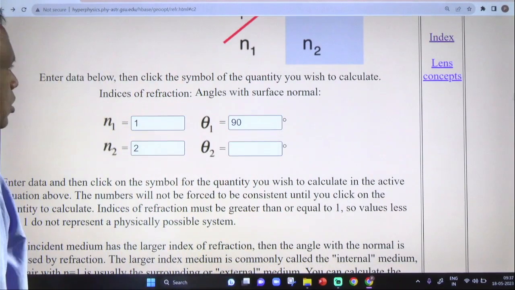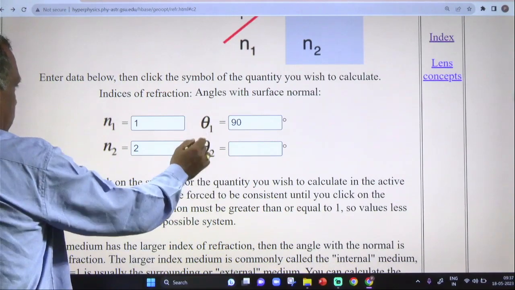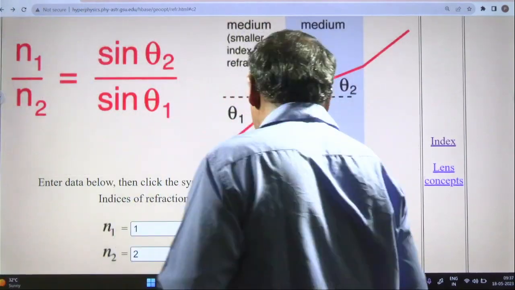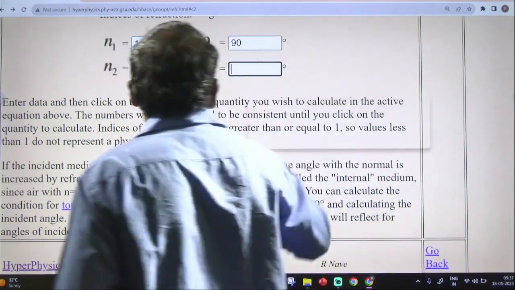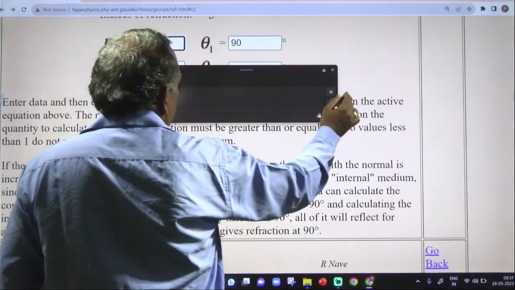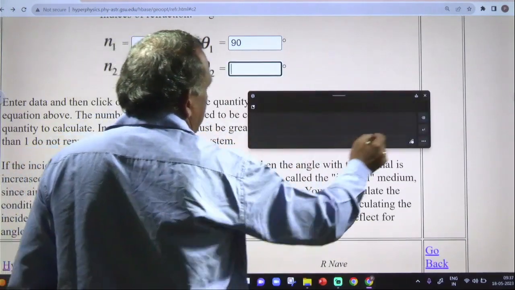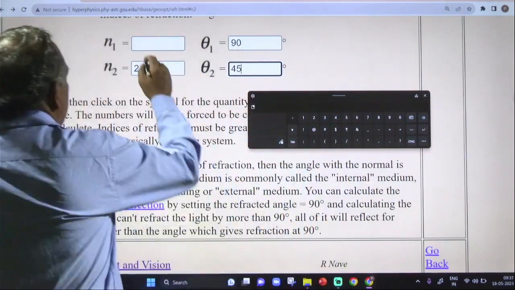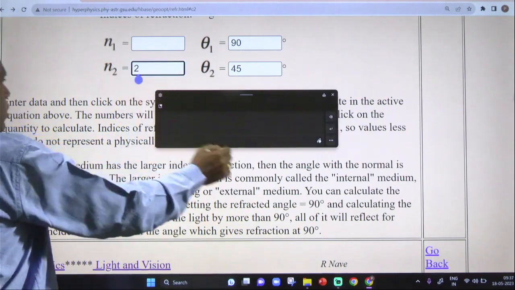How will you get theta 2 here? Or you can take theta 2 as 45 degrees and try to find n1, taking the other value as 1.